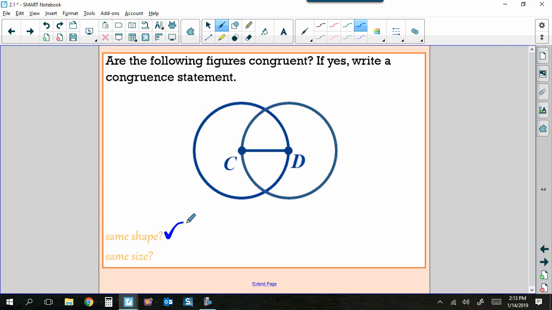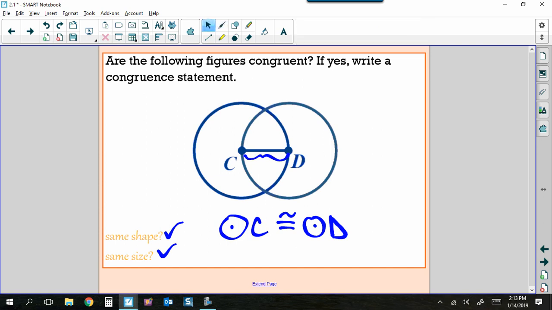We can't measure a circle, but we do know that they are sharing the same radius. If they have the same radius, that means they both have the same diameter. And if they both have the same diameter, that means they both have the same distance across the center of the circle. So they have to be the same size. So there's the symbol for a circle. Circle C would be congruent to circle D because they have the same length radii for both.